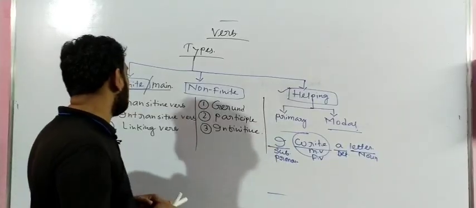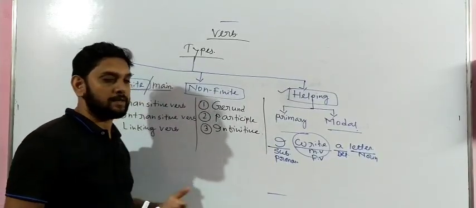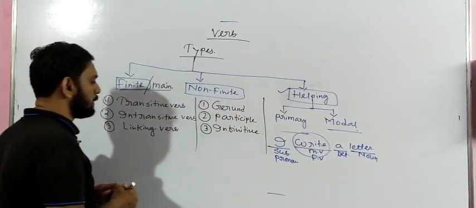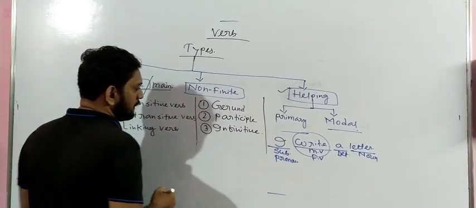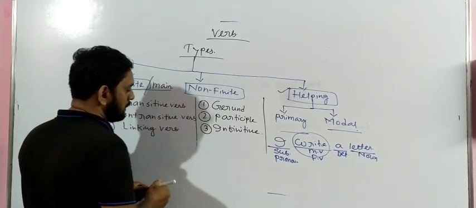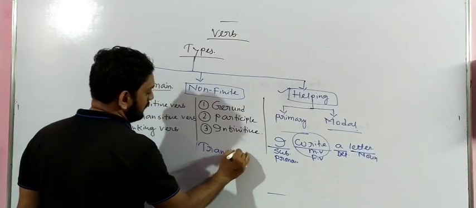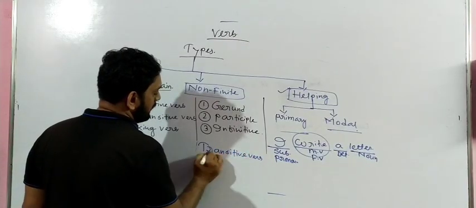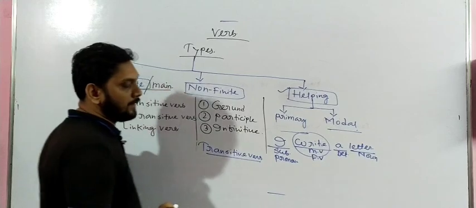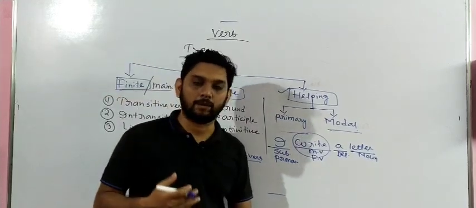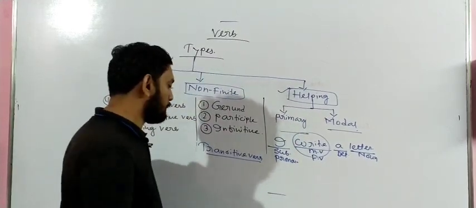Now let me clarify what the definition of a transitive verb would be. Transitive verb means what? Let me tell you the definition. A transitive verb is a verb which always takes an object.